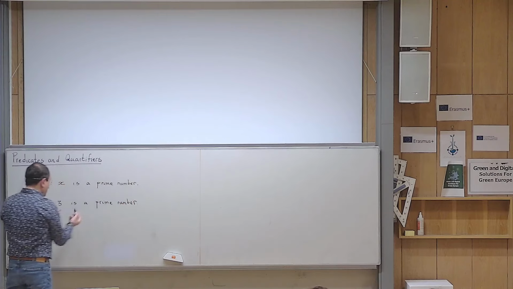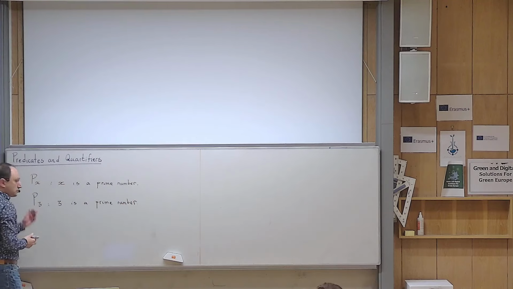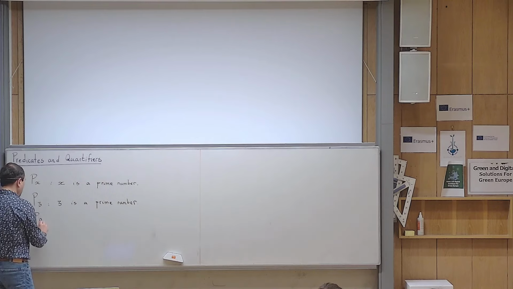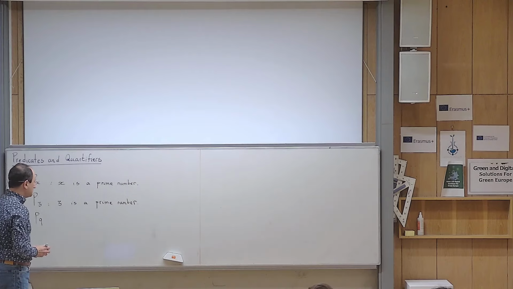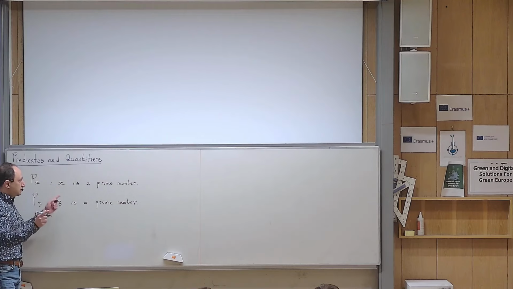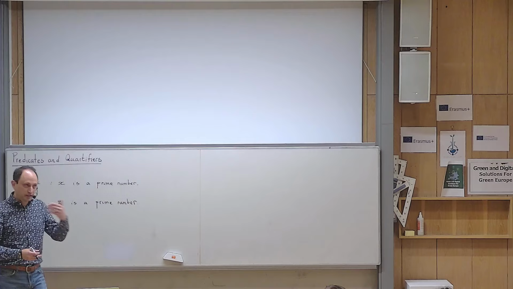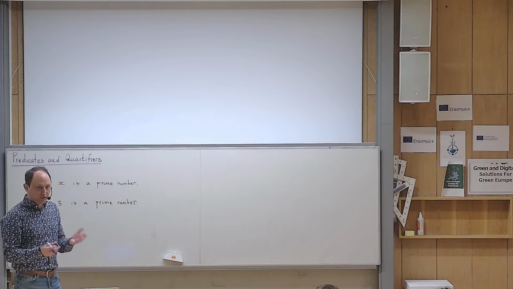Okay, so this is a preposition. And in this case, this preposition is true. For example, if I have P of 9, then it becomes 9 is a prime number, which is a false statement. So a predicate is a declarative sentence. It can transform to a preposition if you replace the variable or variables in the predicate with values.